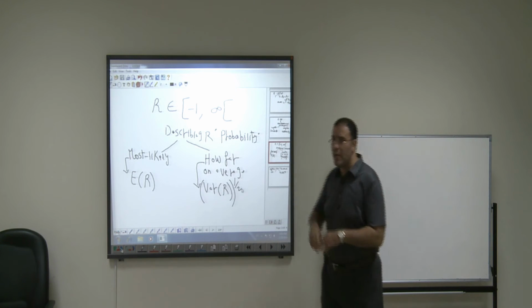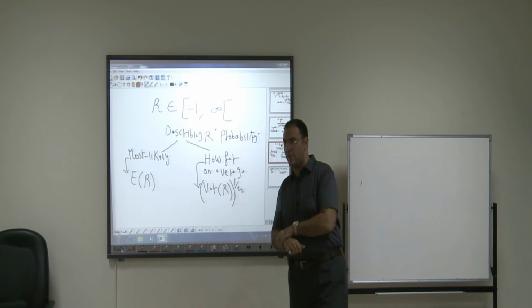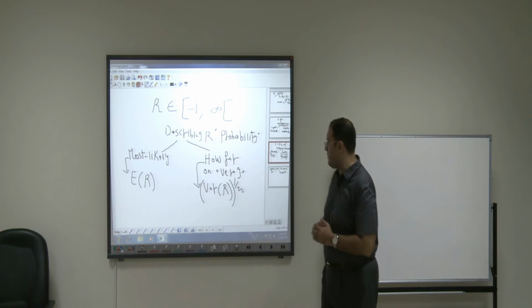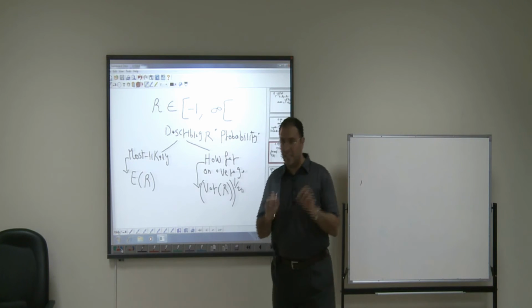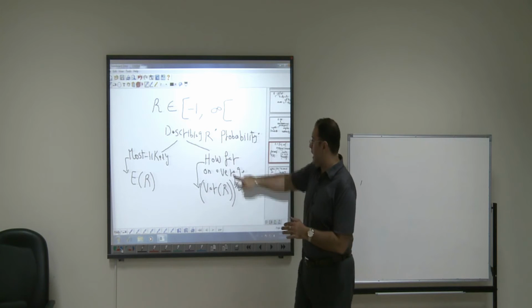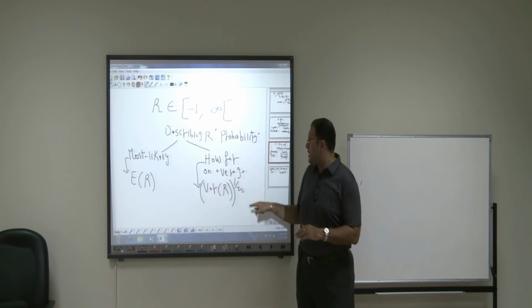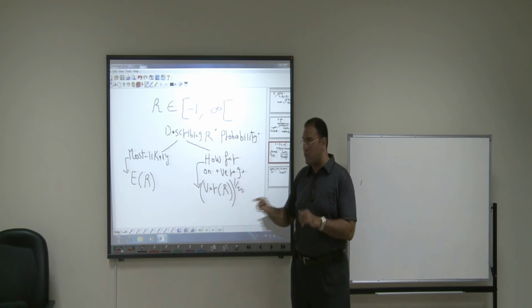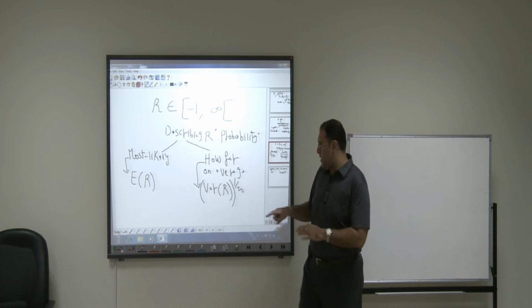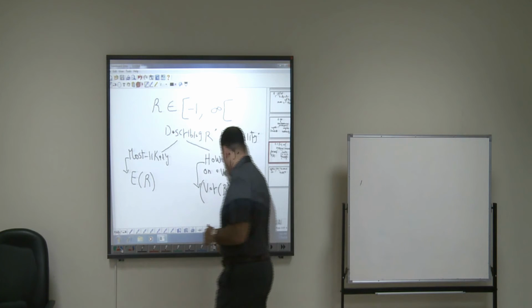The second measure has to do with how far we are on average from that most likely value. The most likely value is what we refer to as the expected value of R, and how far on average we're going to be from it is defined in terms of the square root of Var R, the square root of the variance of R. So let me go ahead and define the expected value of R and the variance of R, and we continue.